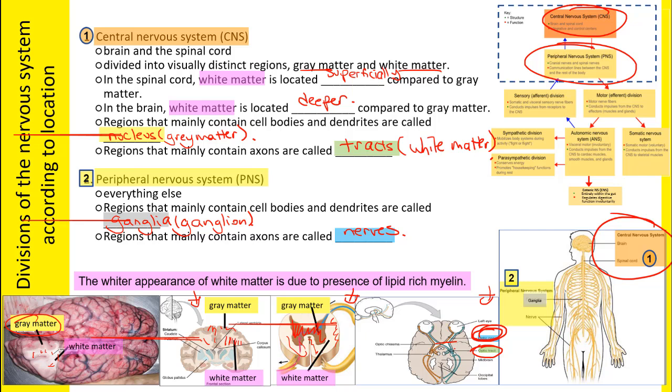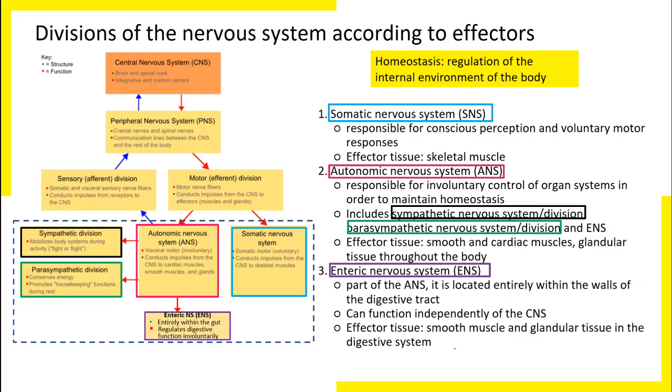Another way to divide the nervous system is according to the effectors. The effectors are the cells, tissues, and organs that are responsible for doing the bidding of the nervous system. If we divide it according to the effectors, we can divide it into the somatic nervous system and the autonomic nervous system.